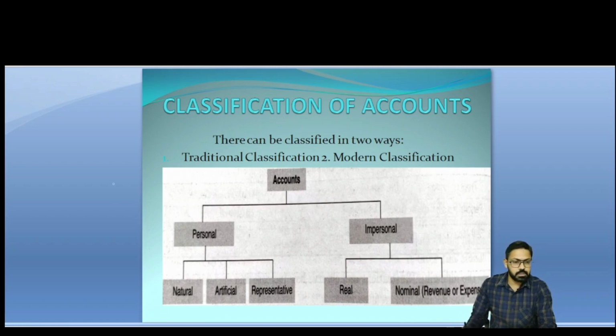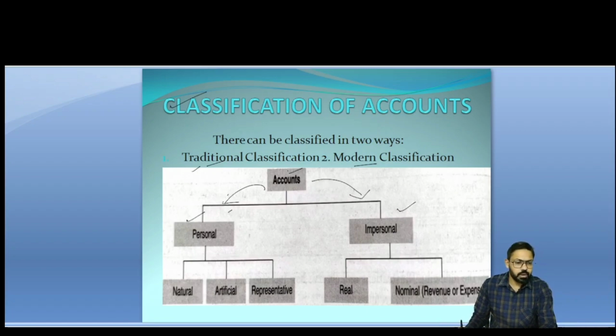This is the classification of accounts. We have two types of classification, traditional and modern. We will talk about the traditional first. Accounts are divided into two parts, personal and impersonal. Very simple.